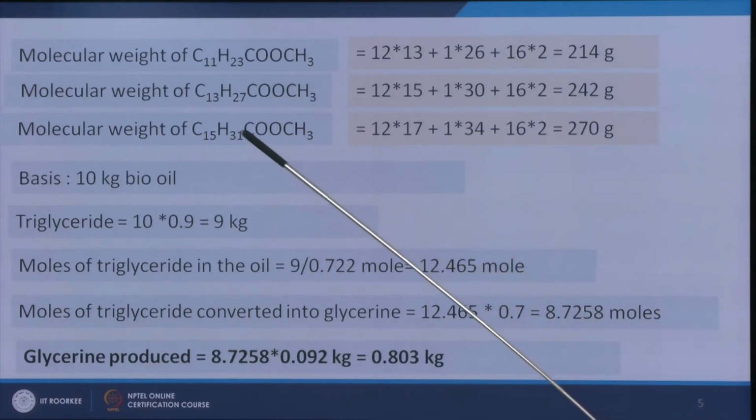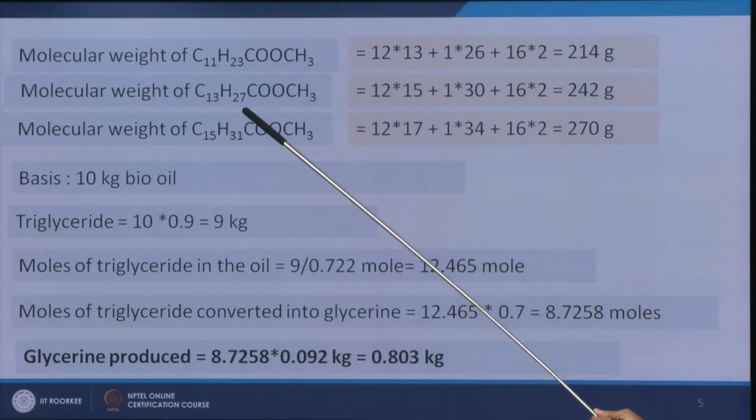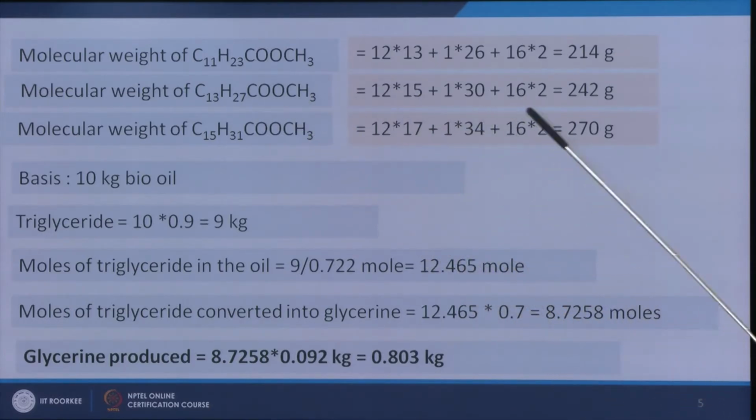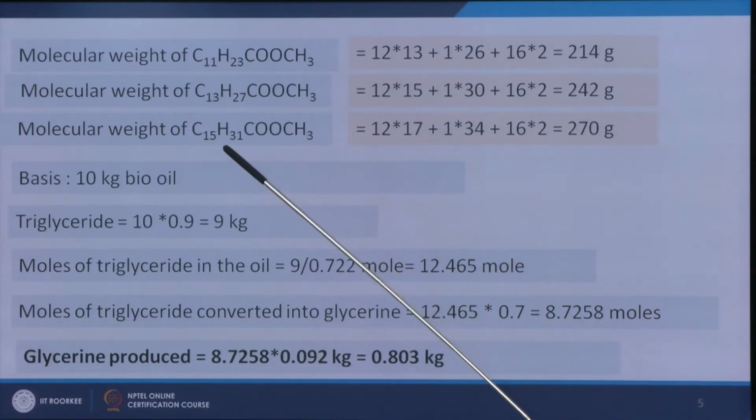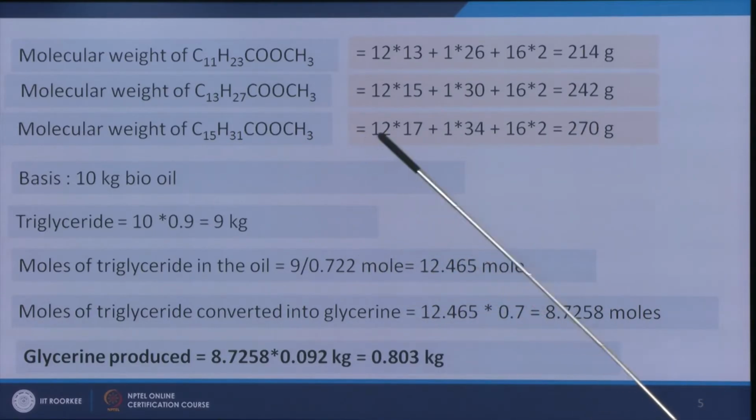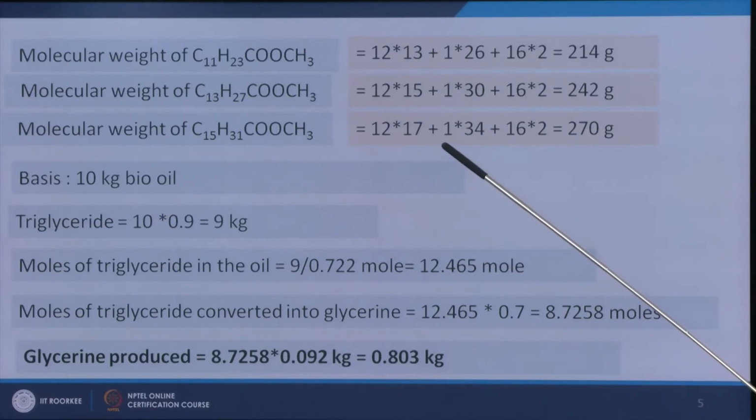Similarly, the methyl ester of myristic acid is equal to 242 gram, and in a similar way we can calculate it for palmitic acid, that is 12 into 17 plus 1 into 34 plus 16 into 2, that is equal to 270 gram.